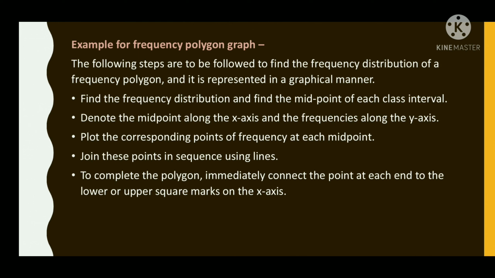Denote the midpoint along the x-axis and the frequencies along the y-axis. Plot the corresponding points of frequency at each midpoint. Join these points in sequence using lines. Then last one is to complete the polygon, immediately connect the point at each end to the lower or upper square marks on the x-axis.